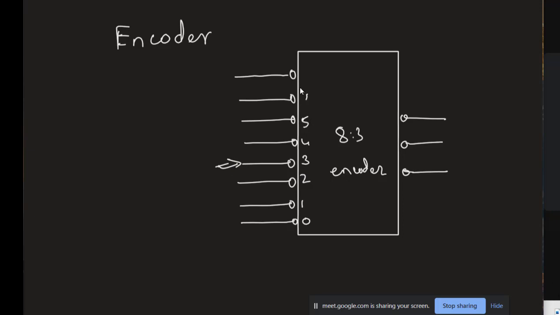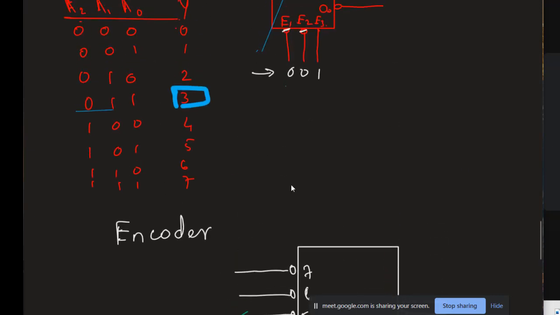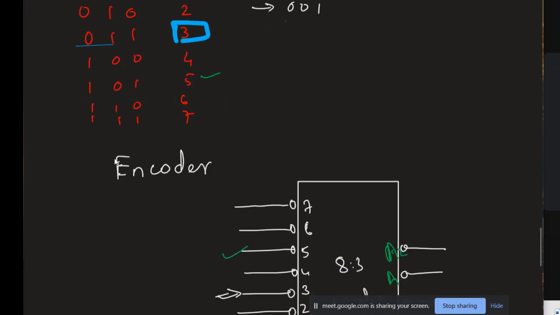So if I activate any one line, let's say the 5th line, and let's say here I have A0, A1 and A2. Okay, so for the 5 combination, if you see A0 is 1 0 1, so this code will be there, 1 0 1. This will be the output. Is this part clear? It is exactly opposite of your decoder.